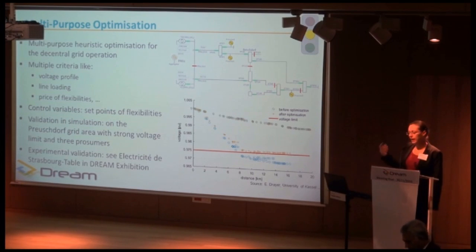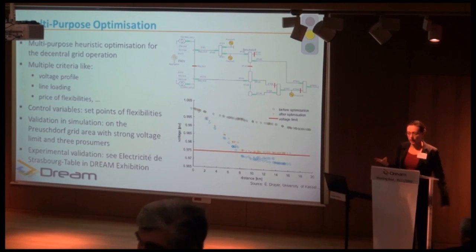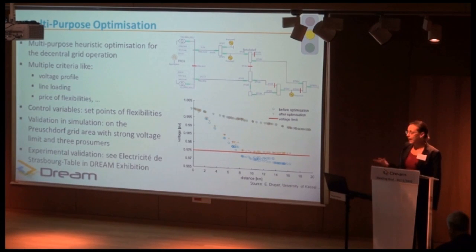We can optimize multiple criteria: the voltage profile, the line loading, and also power losses. What we use for the optimization is the flexibilities that are provided, so we change the set points of the prosumers to bring our grid back into a good situation.